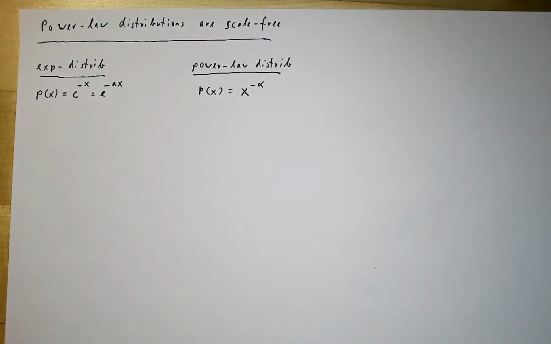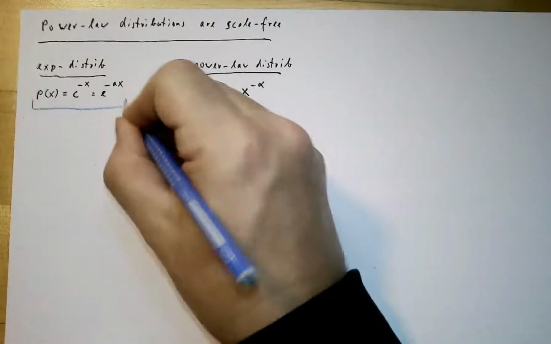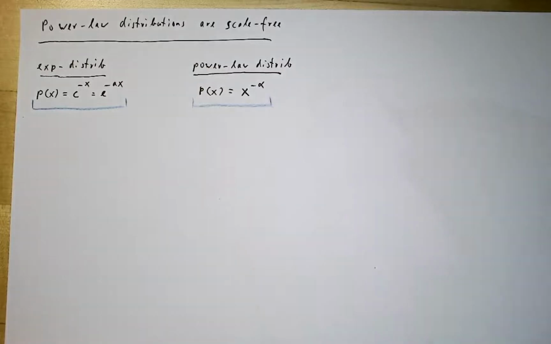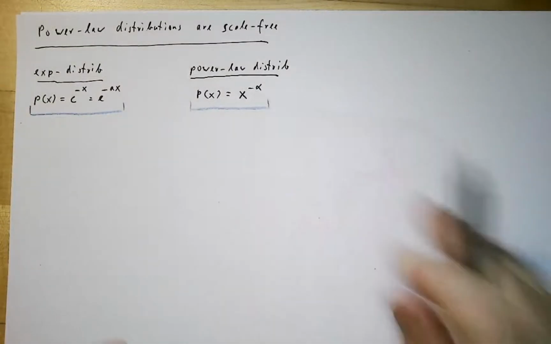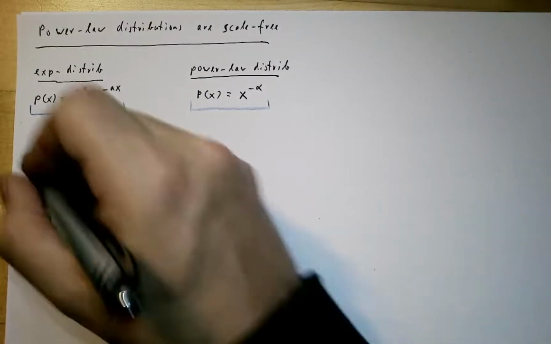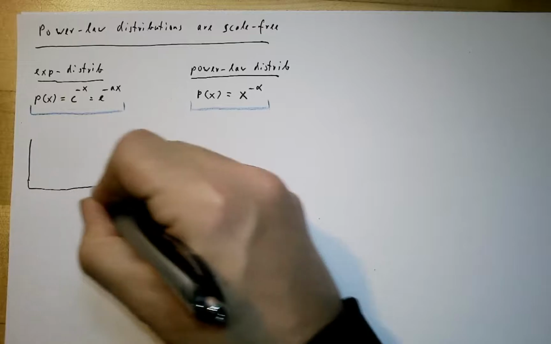And so the question is, what's now the fundamental difference in the distribution if we have either c to exponent x or x to exponent alpha? So let's have a look at our exponential distribution, and we have done this.